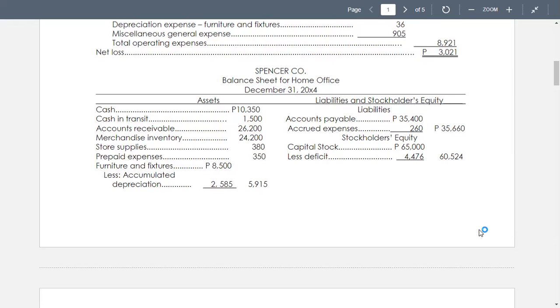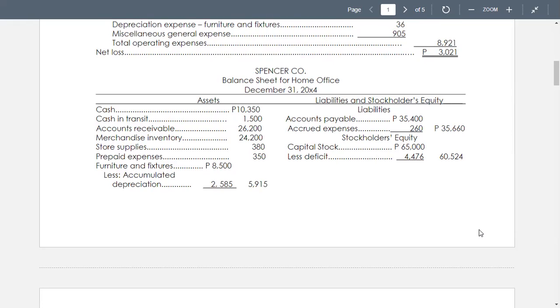So those are now the entries and the figures that you are going to include in the individual statements of the branch and the home office.